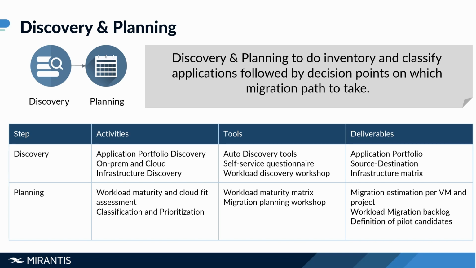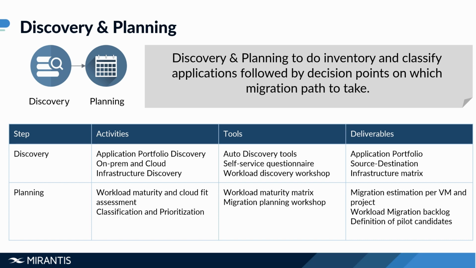Another thing that I actually missed describing is the source destination infrastructure matrix. It's here marked as a deliverable. I just want to highlight this because from my point of view, it's important. When you have a workload that uses services on the source side, you should take care that these kinds of services are also available on the target side.